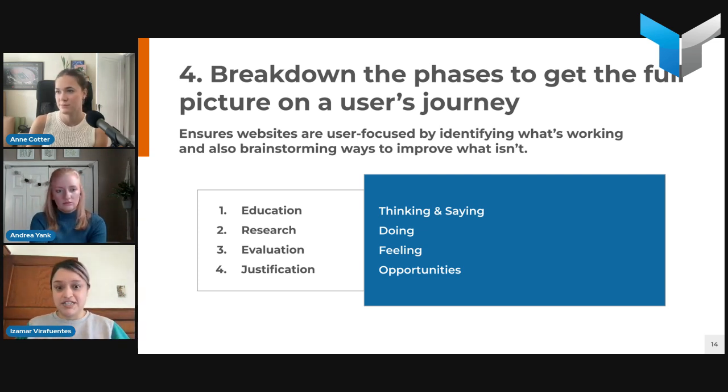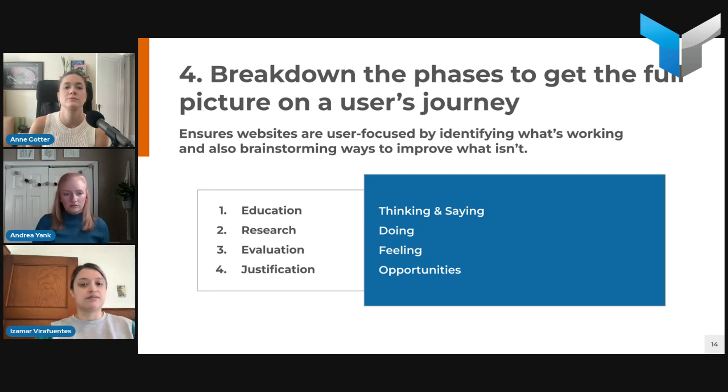So what pages they're visiting, what they're clicking, how they're feeling, what their emotions are throughout that phase, and then how we can improve that phase throughout the journey, so we can reduce the obstacles a user would have. We would do that for each of these phases.